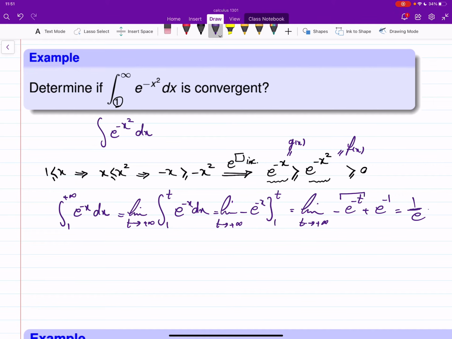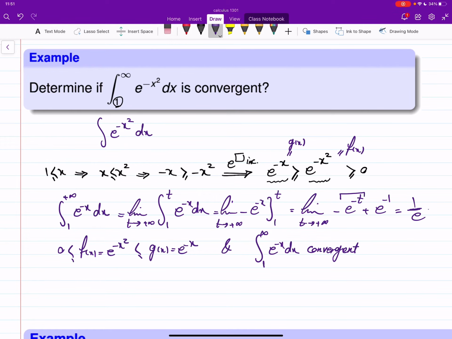So what we showed is that f of x, which was e to the power negative x squared, was less than g of x, which was e to the power negative x. That's the first part. And we showed that the limit of the upper one from 1 to infinity is convergent.